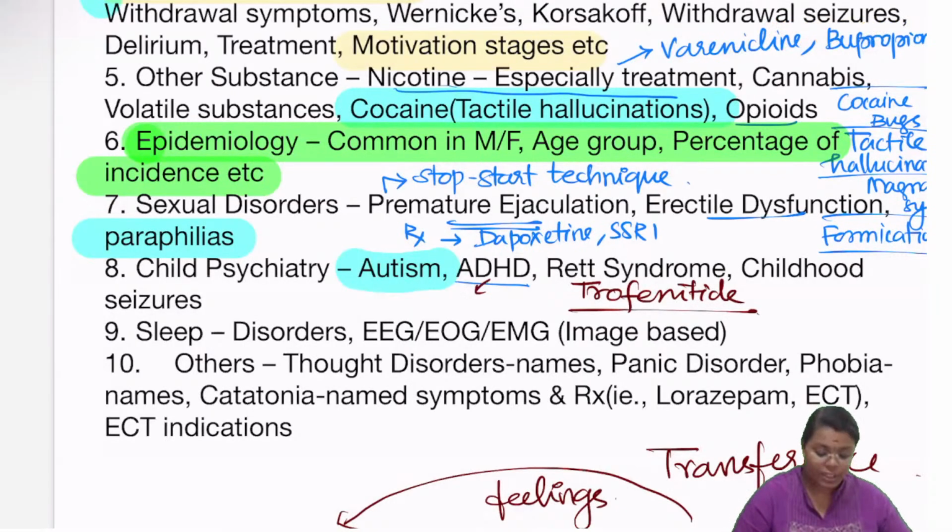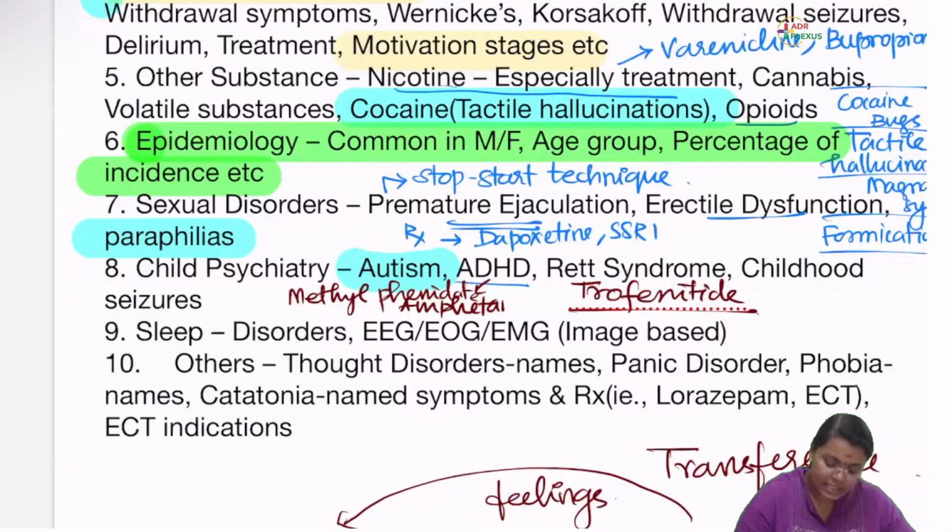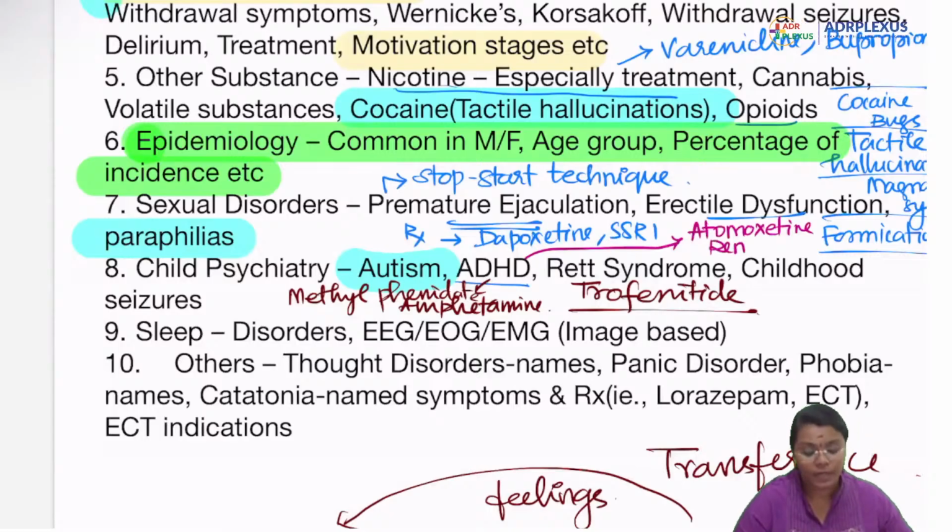ADHD medication: stimulants, you know, methylphenidate, and amphetamines as stimulants. Non-stimulant medication: atomoxetine and reboxetine, which is a norepinephrine reuptake inhibitor.